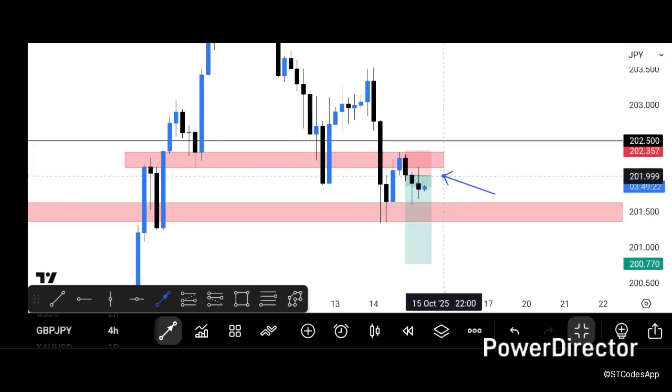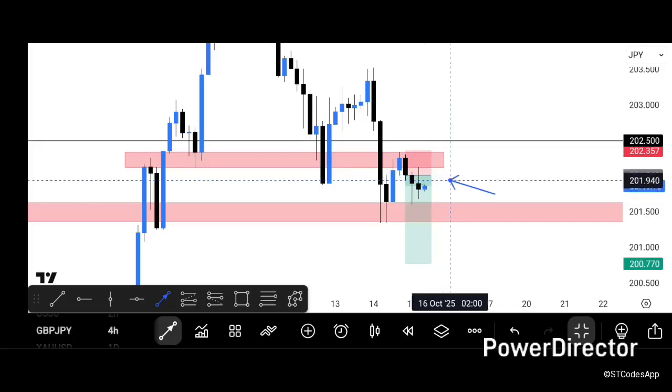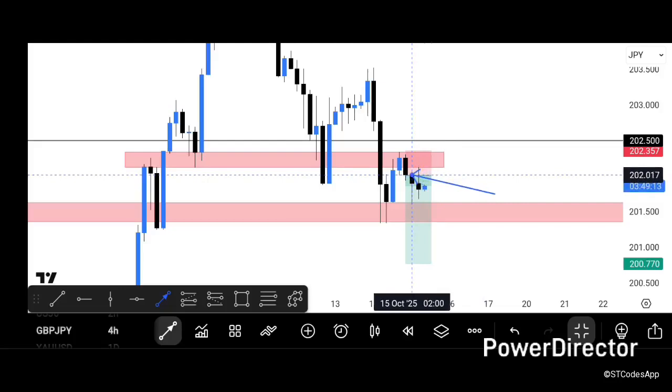Now on this position, I have break even, because price has moved a significant amount for me to have break even.